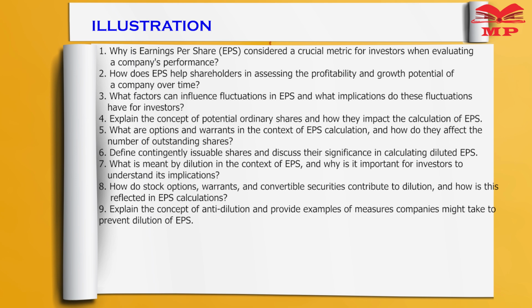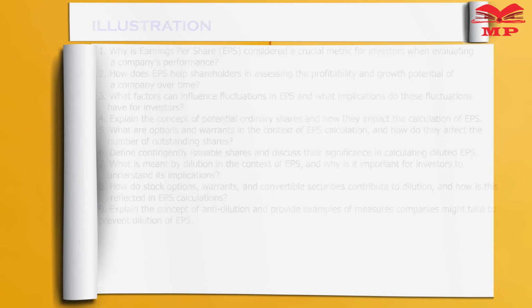The other question: how do stock options, warrants, and convertible securities contribute to dilution, and how is this reflected in the earnings per share calculation? The last question: explain the concept of anti-dilution and provide examples of measures companies might take to prevent dilution of earnings per share. So that is today's assignment.